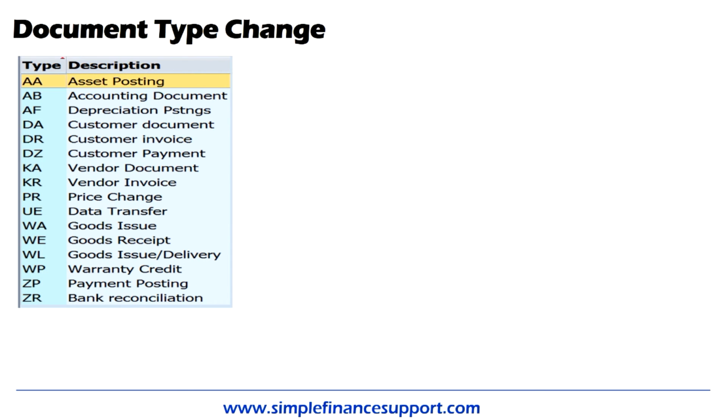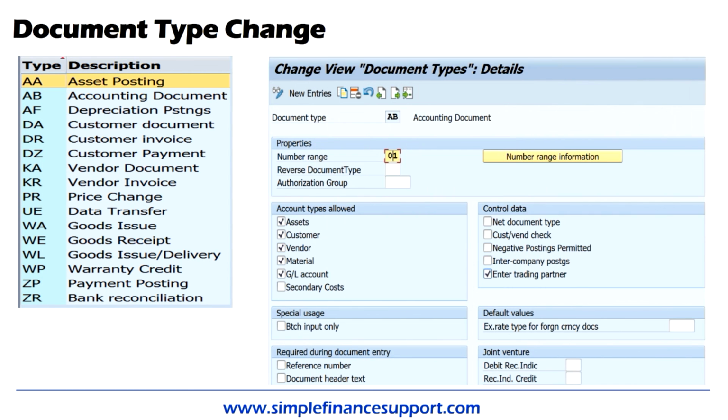And then there are some changes in the account document type. The document type, as we know, holds the attributes of what accounts are allowed to post to using the document type. There is a small indicator which came up here, secondary cost accounts. So apart from the regular GL accounts, a small checkbox for secondary cost accounts came into the document type configuration.